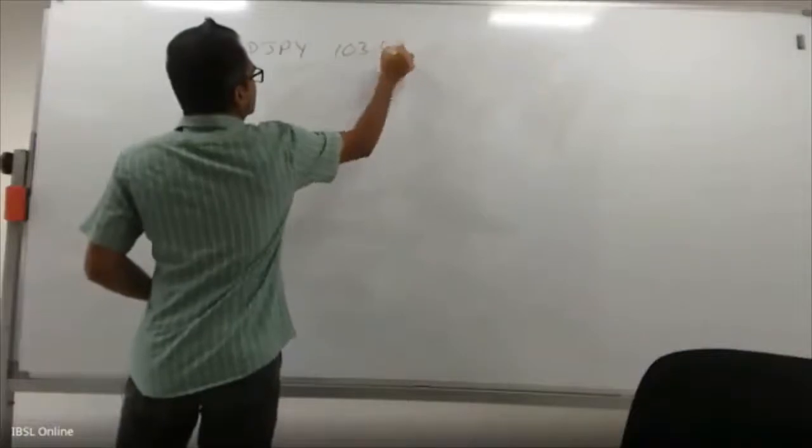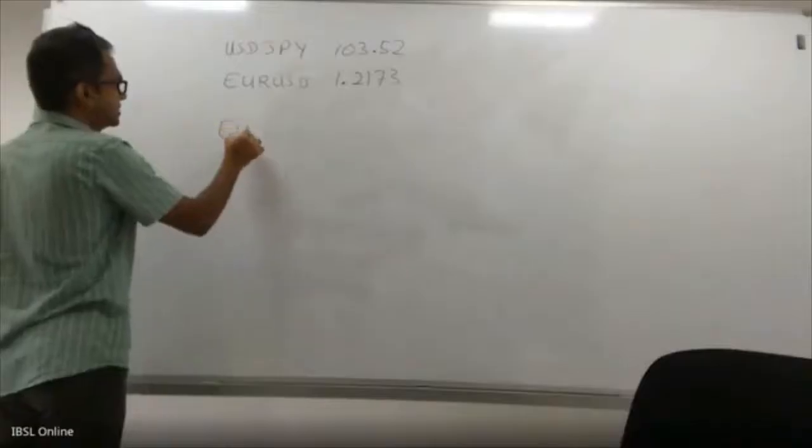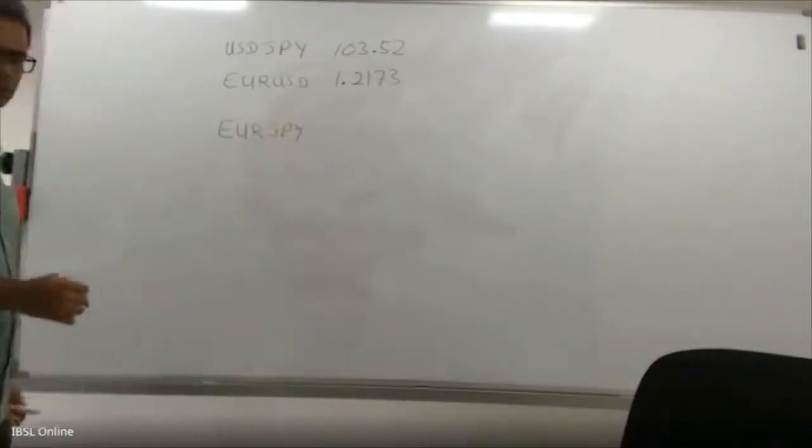Can you tell me what the examples or questions were that I gave you? USD JPY is equal to 103 point 52. And EUR USD is equal to 1.2173. The question is, what is EUR JPY? What is the exchange rate of EUR JPY? And I think I gave another: USD JPY is equal to 103.52, and USD LKR is 201.15.